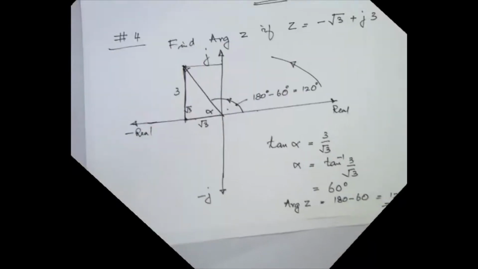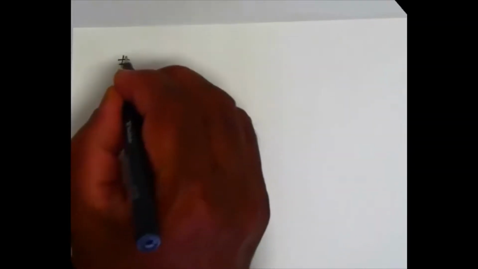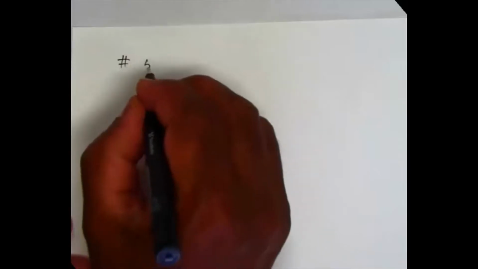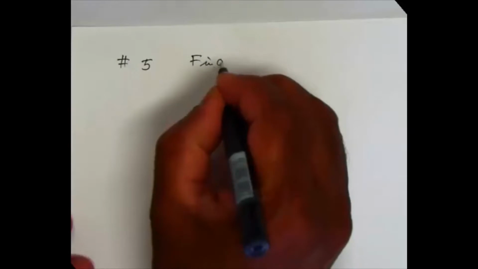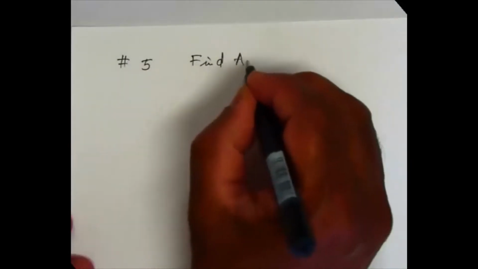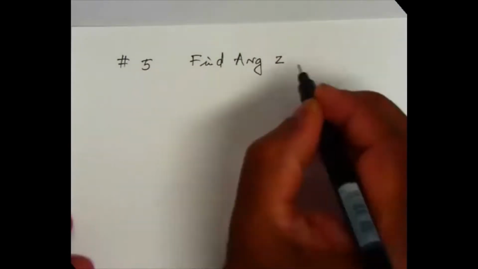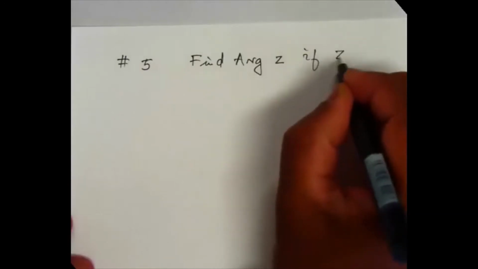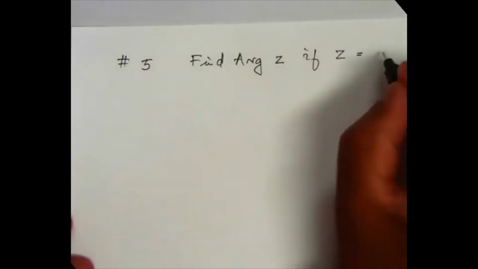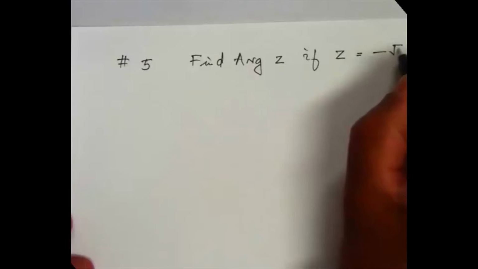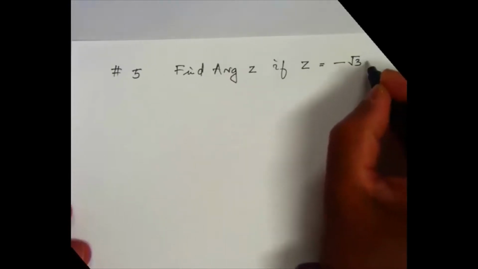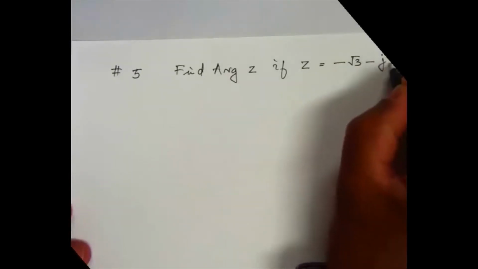And let's move on to a similar one, the next example. Example number 5. Find the argument of z if z is equal to square root 3 minus j3.